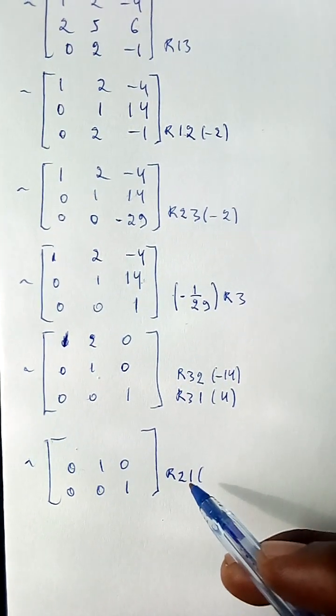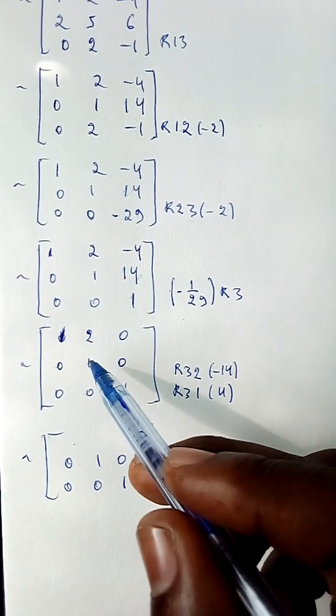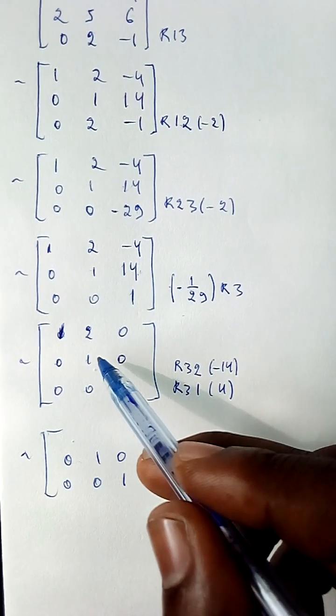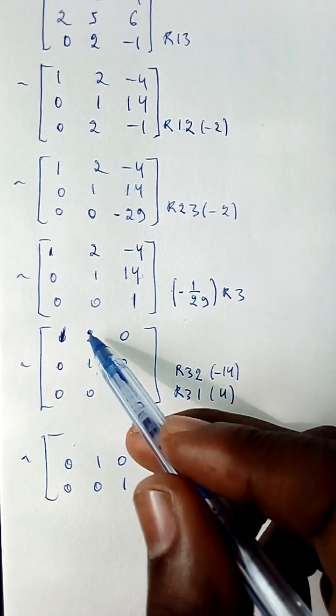This is R2. R2 means the second row. We are using the second row in order to make 0 here in the first row.